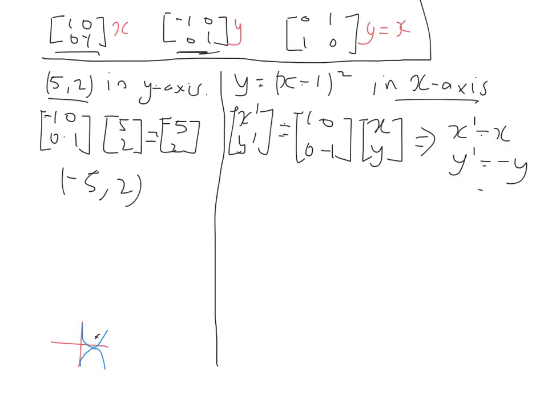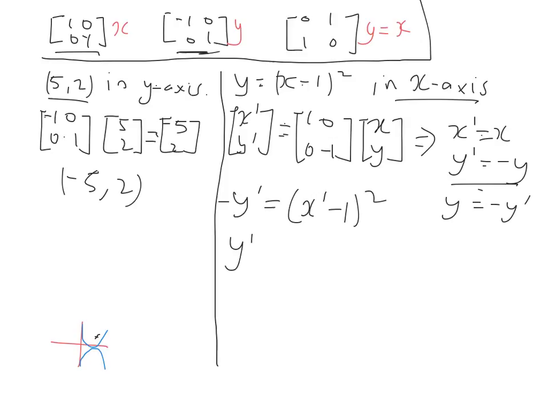So once again, we want to rewrite this. We've got a y, not a negative y, so this becomes y equals negative y dashed. So we rewrite our equation, and instead of y, we put our negative y dashed equals x dashed minus 1 all squared. Then we want this just in terms of y, not in terms of negative y.